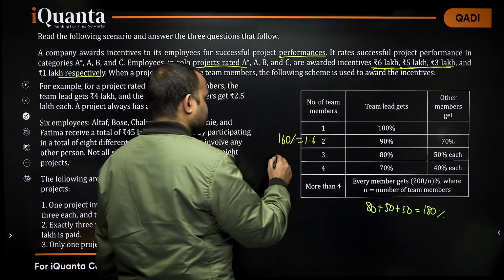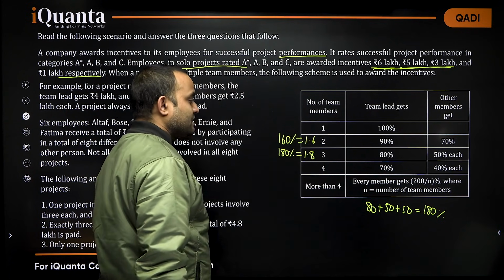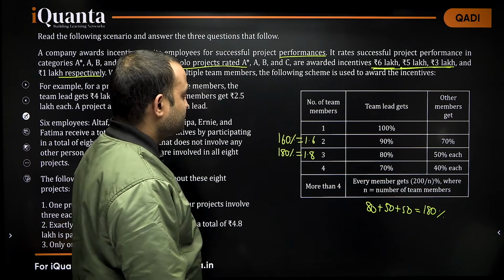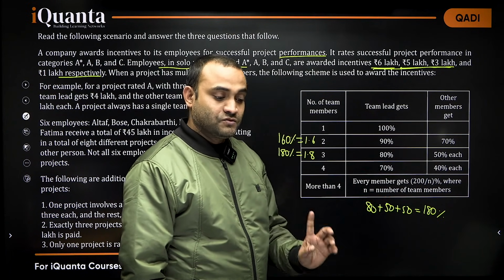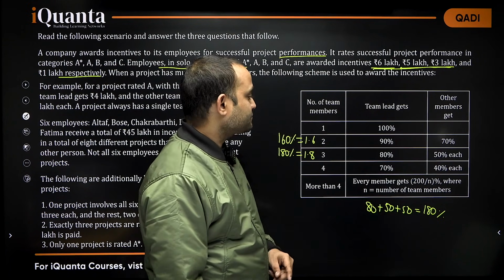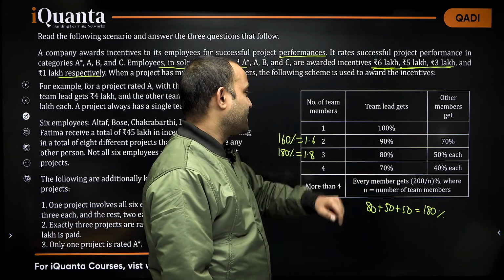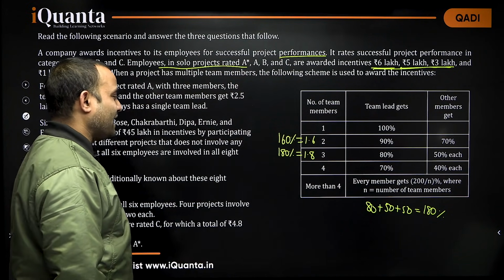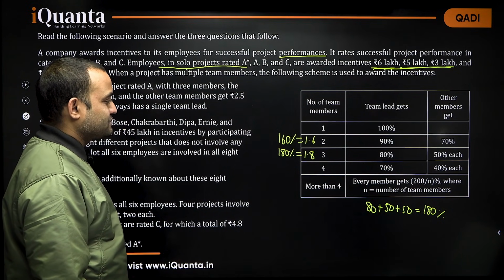So 180% means 1.8 times, right? Then if there are 4 team members, the team leader will get 70%, the rest 3 will get 40%. 40, 40, 40. That is 120 plus 70. That is 190, right? They are going to get 1.9 times.